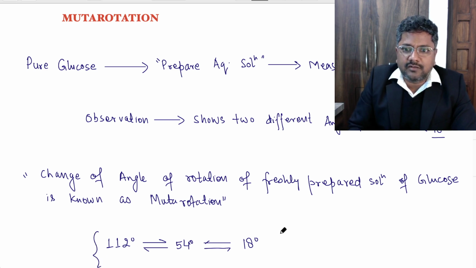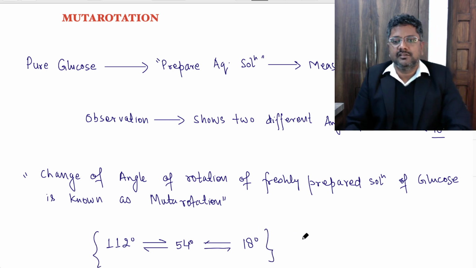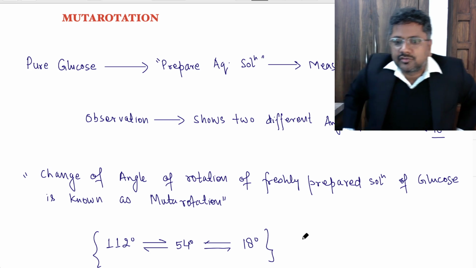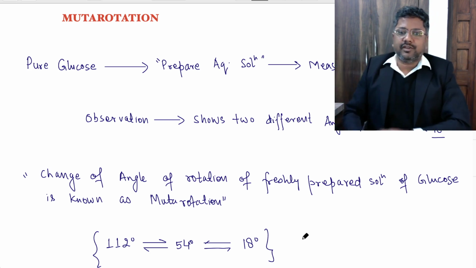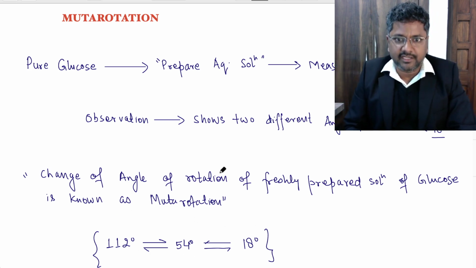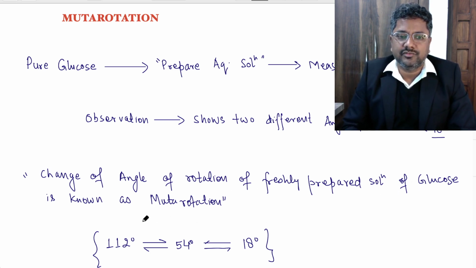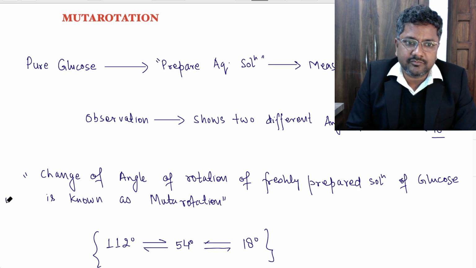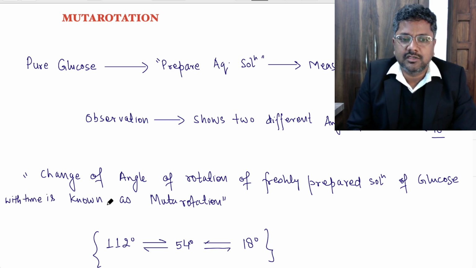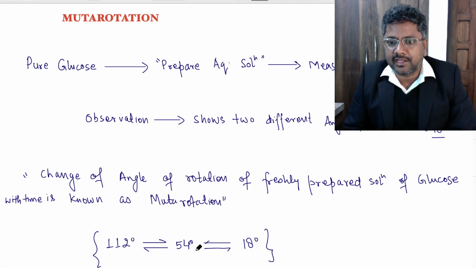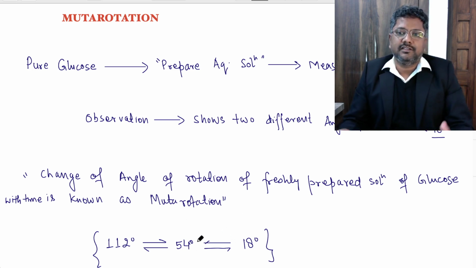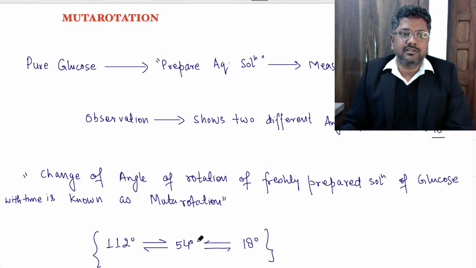So this is the observation, right? So mutarotation is the change in the angle of rotation of a freshly prepared solution of glucose with time, and finally it will attain equilibrium, and this property is known as mutarotation.